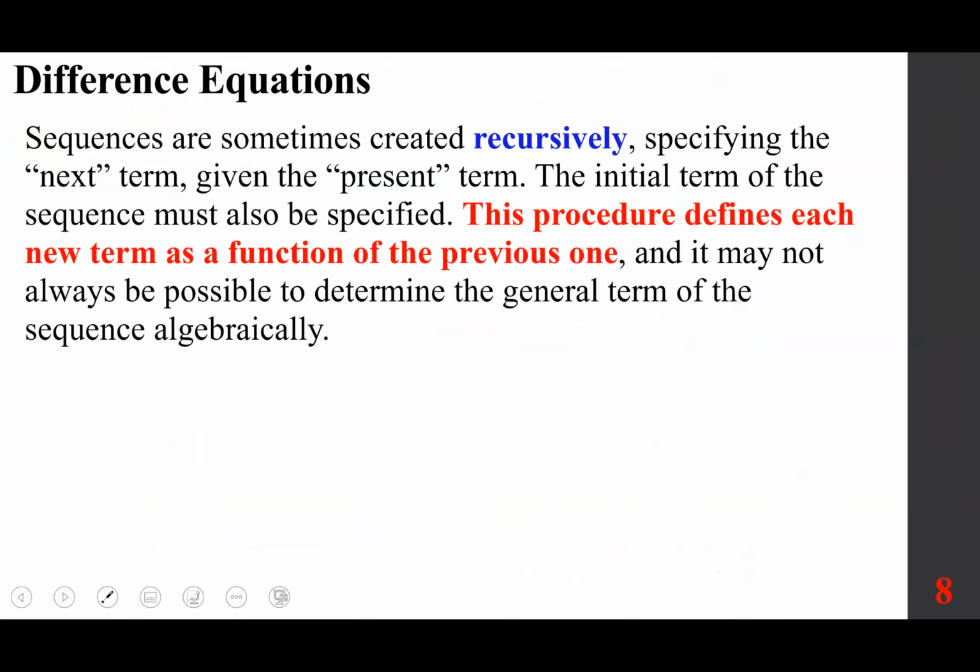Again, the definition we have seen before with a little bit more detail. Sequences are sometimes created recursively, specifying the next term given the present term. The initial term of the sequence must also be specified. This procedure defines each new term as a function of the previous one, and it may not always be possible to determine the general term of the sequence algebraically.